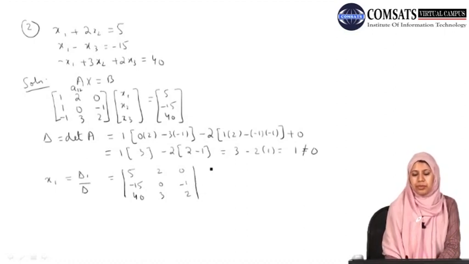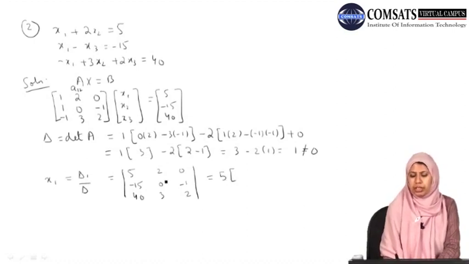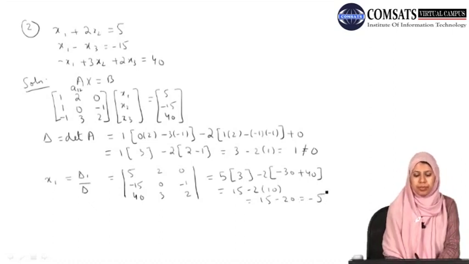And the determinant, again we will find the determinant with respect to the first row, because with respect to the first row it is easy to find. We obtain 5 into 3 minus 2 into minus 30 plus 40, which is 15 minus 2 into 10, which is 15 minus 20, which is minus 5.